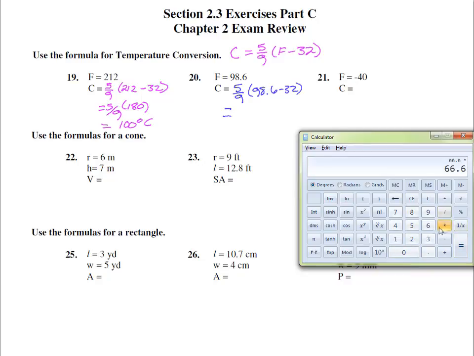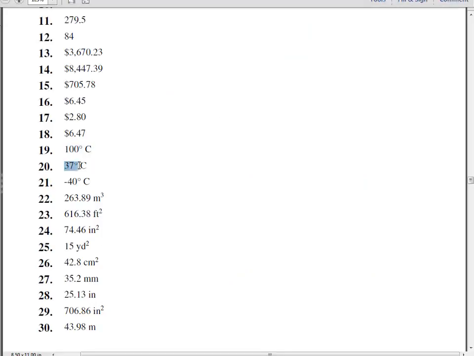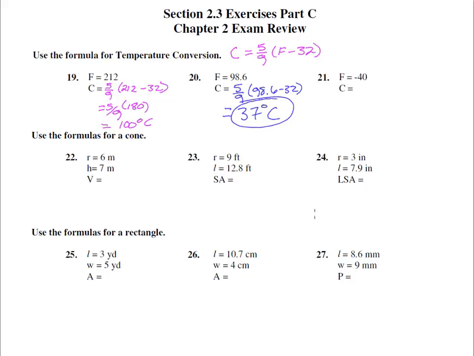Now we're going to times it by 5 and divide by 9. So that's timesing by 5/9, and we get 37 degrees Celsius. Let's double check our answer on that one. 37 degrees Celsius indeed.